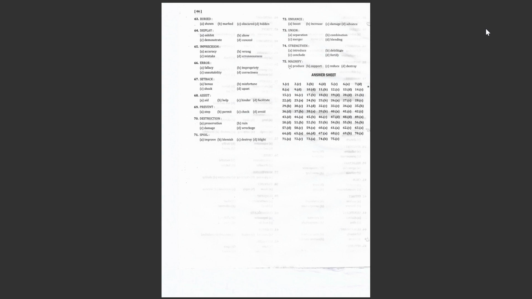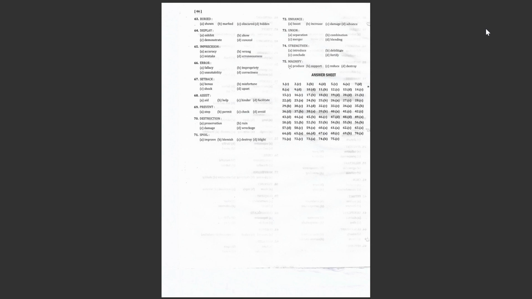The options here are bonus, misfortune, shock, upset. If you look at the options, word number B, misfortune. Misfortune means bad luck. Shock का मतलब होता है stunned, to get stunned.